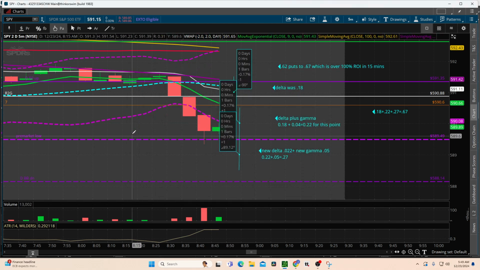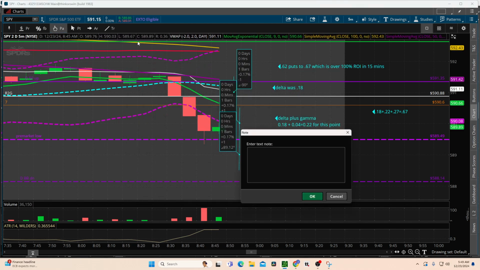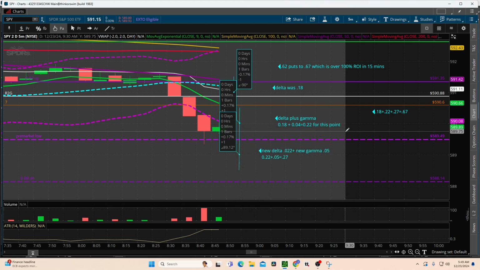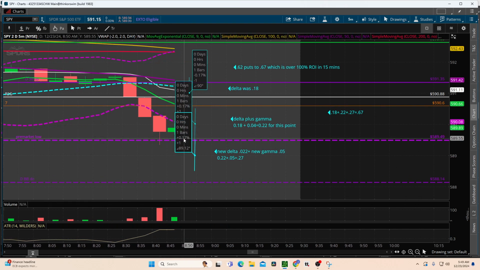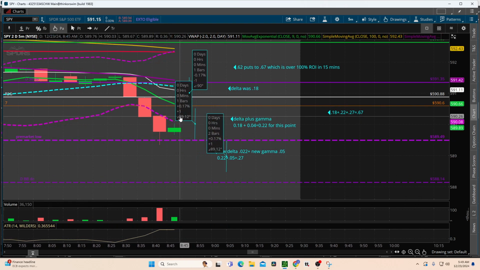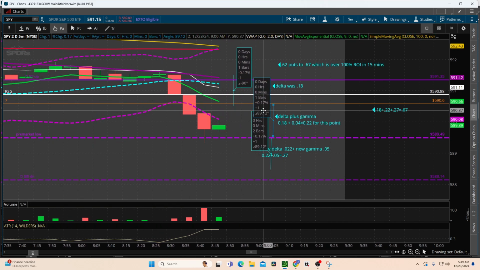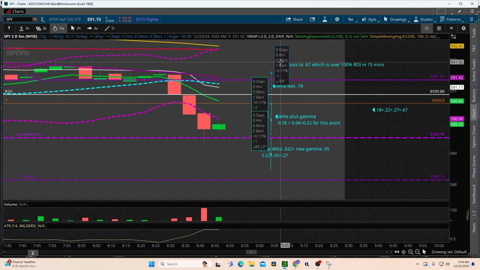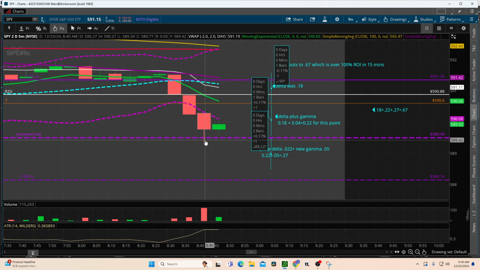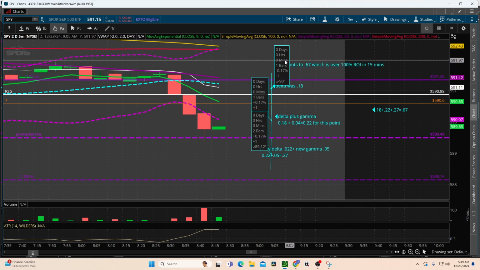Okay, if it continues to drop from here, and if we were trading real time, and we're not, but this is just the example to explain to you why we trade options, and that should be pretty clear. So if this continues to drop all the way down to here, which would be 5, 10, 15, 20, 25 minutes, you know, you could make 100%.